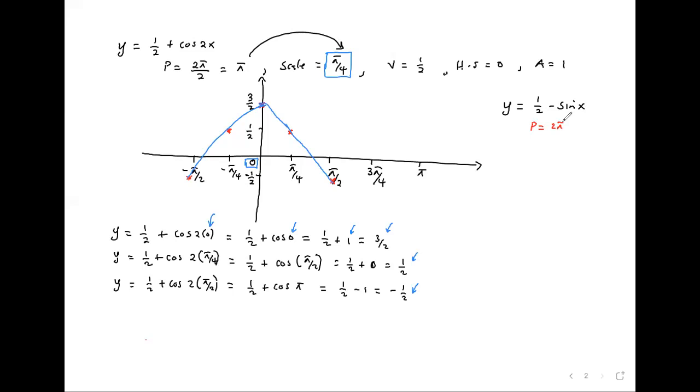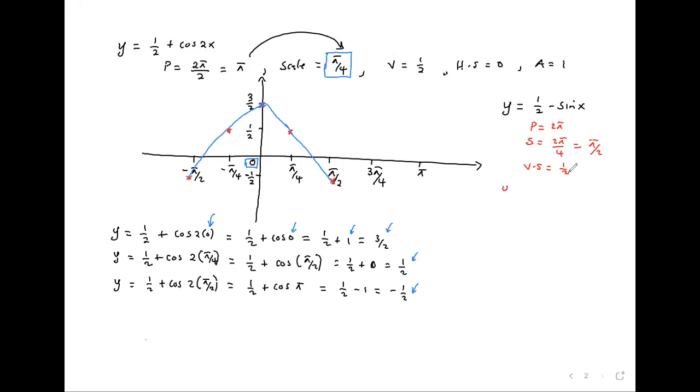Okay, we just want from negative pi/2 to pi/2. Then the scale was 2 pi/4, which is pi/2. So it was just dealing with 3 points: 0, pi/2, and negative pi/2. And then the vertical shift of half also, like this one. So then we can sketch it.